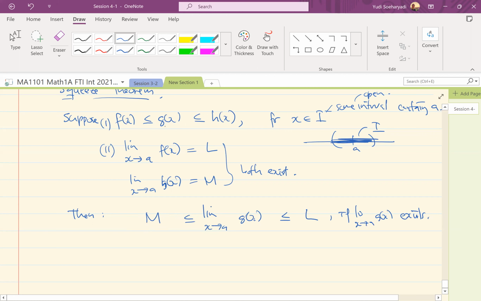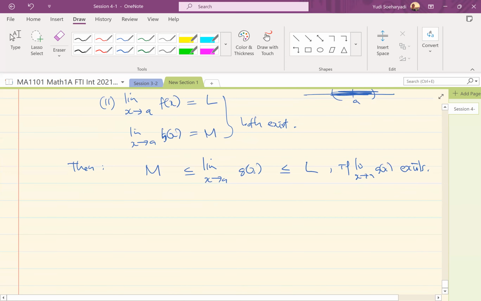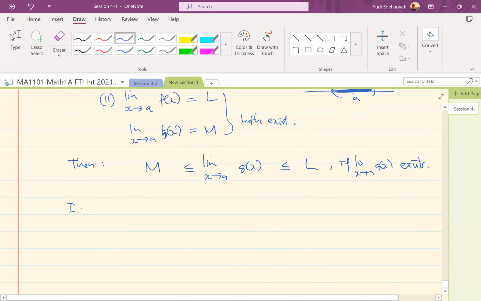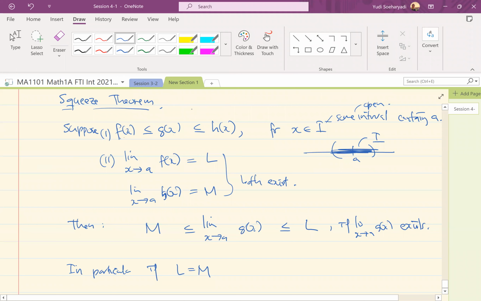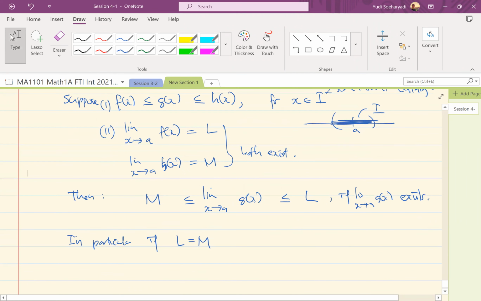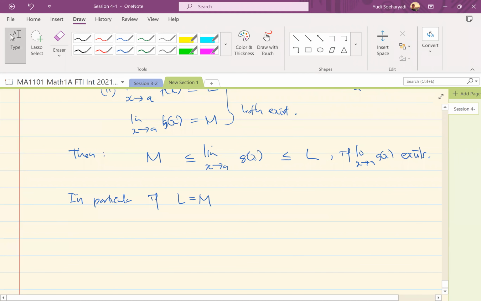So if g is sandwiched between f and h, then the limit, if it exists, is also sandwiched between the limits. And in particular, if L equals M, so that this limit is the same, then somehow g gets squeezed by L and M.